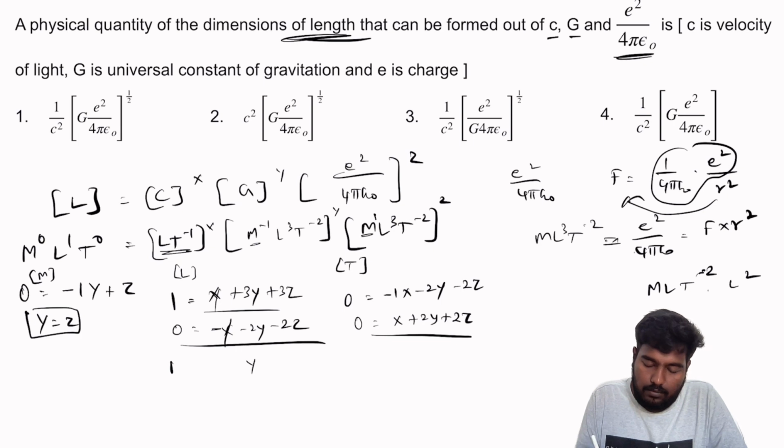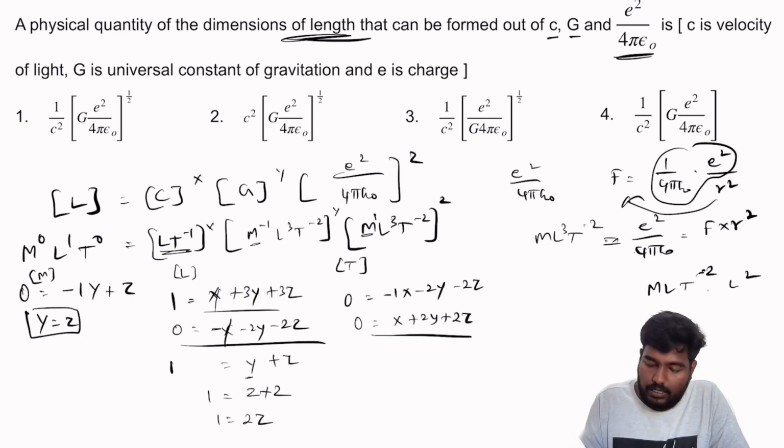So 3z minus 2z is plus z, and 3y minus 2y is plus y, equal to 1. I know that y equals z, so I can replace 1 equals z plus z, so 2z. If 1 equals 2z, then z equals simply 1 by 2. If z equals 1 by 2, then y is also 1 by 2.